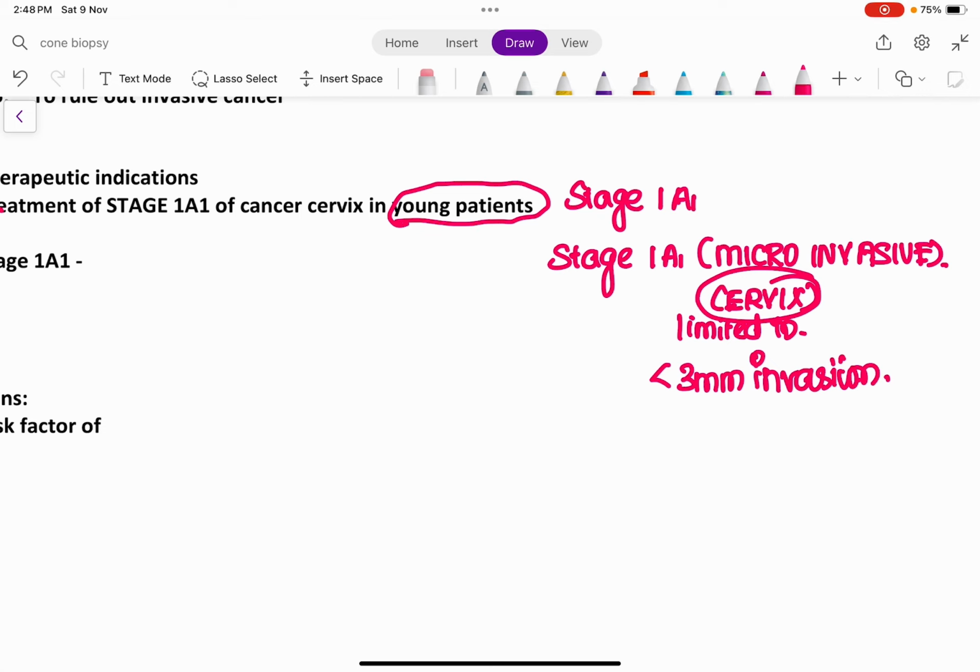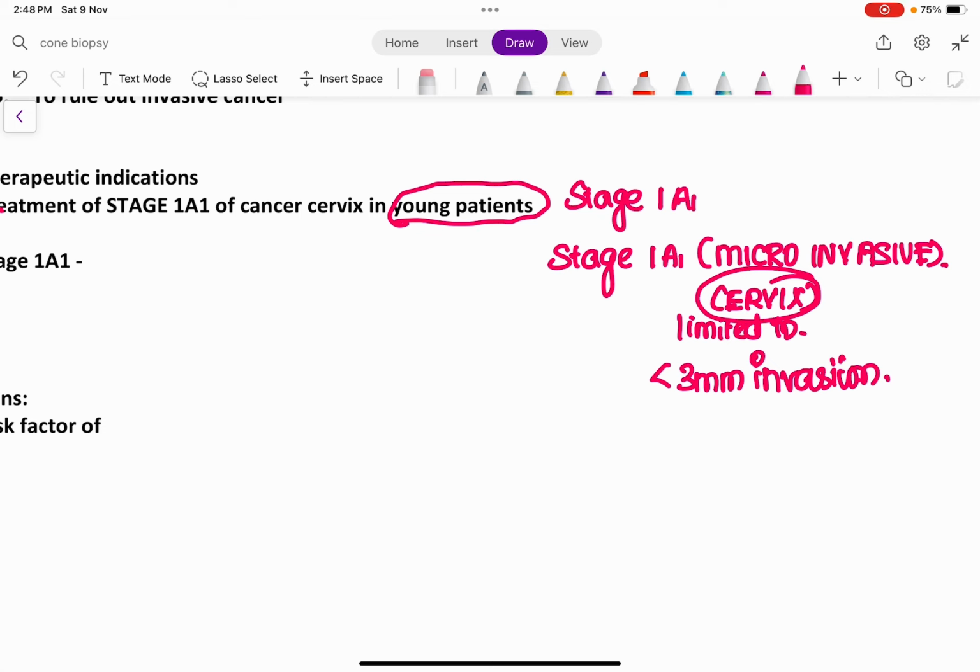So, if the invasion is less than 3 millimeter, micro-invasive stage 1A1 in young female patients, you can do this cone biopsy or conization. But for the same stage 1A1 in an elderly patient, are you going to do this cone biopsy? No, because there are chances that this patient might end up with invasive cancer in the future, right?